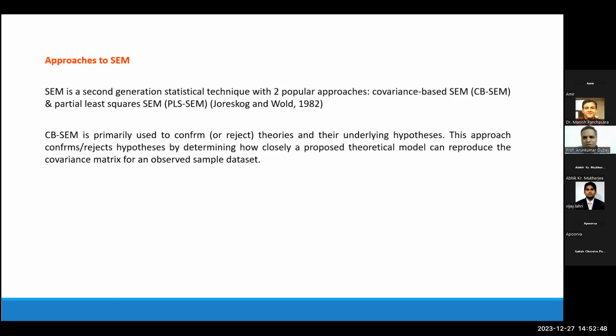There are situations where CB-SEM has to be used, and there are circumstances where PLS-SEM has to be used. Now the line and the difference between these two approaches to SEM is getting blurred. In fact, people are now using CB-SEM and PLS-SEM interchangeably. Where CB-SEM was required, people are now using PLS-SEM, and where PLS-SEM was required, people are using CB-SEM.